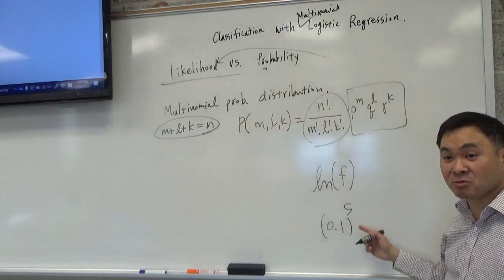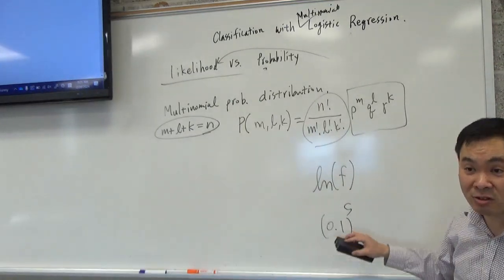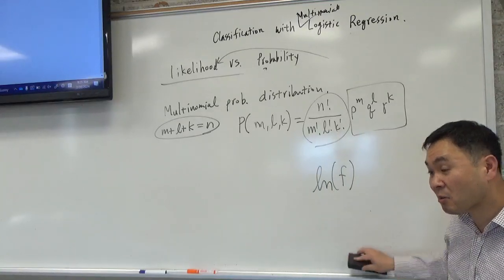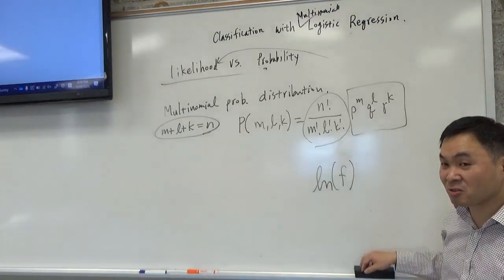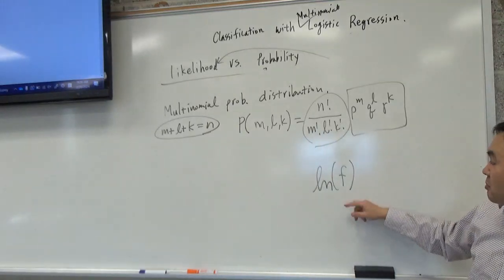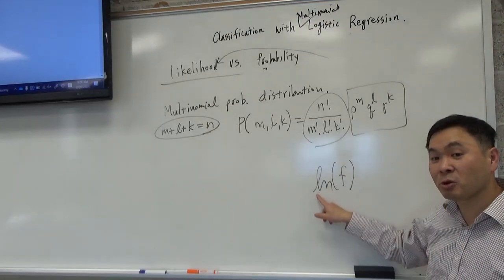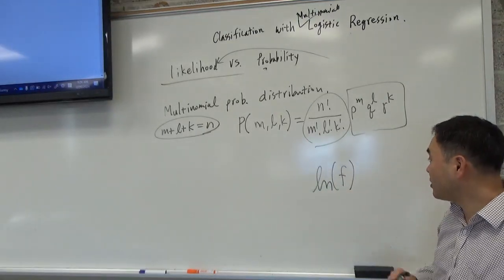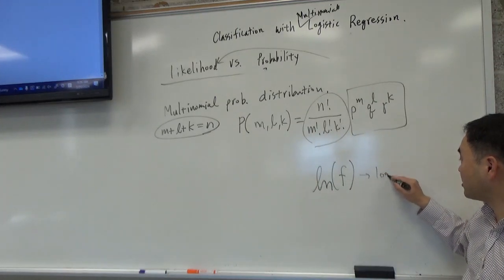What happens is this becomes suddenly very small, and computers suffer with small values. Right? And because in probabilities that happens, and there are some other reasons which I don't fully understand, but that's like a very compelling reason for me. So you just want to take ln of f. So if you take ln of the likelihood, that's called the log likelihood function.